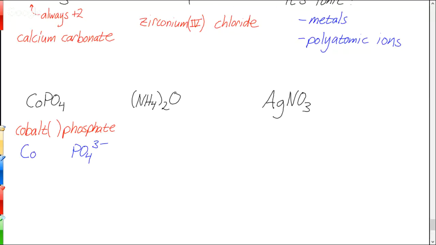The phosphate ion is -3, so the cobalt ion must be +3 to balance that out, because everything has to balance to 0 in the overall compound. Then all that's left is to put that charge in the parentheses. So that's going to be cobalt(III) phosphate. See how that works? Okay, let's look at the next one.